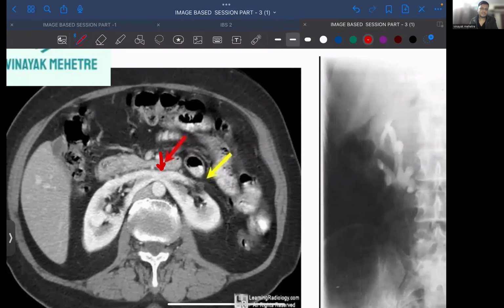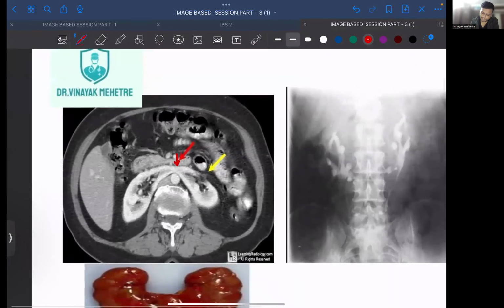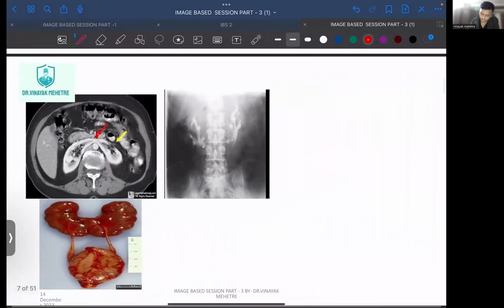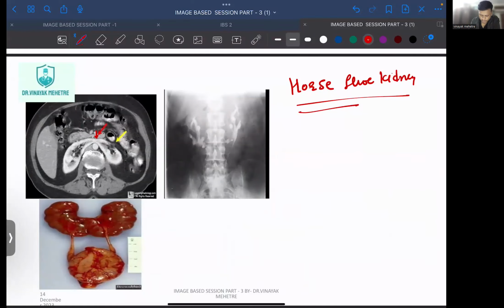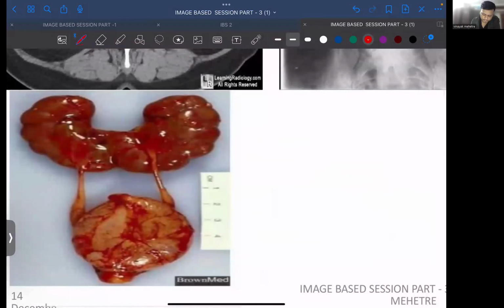Yes, it is horseshoe kidney. Horseshoe kidney, correct? Horse. If you are going to get a pathological slide, the lower pole of the kidney will be fused, right?